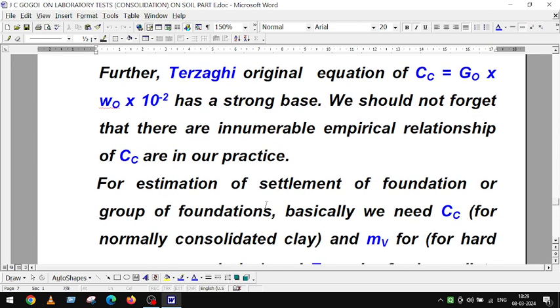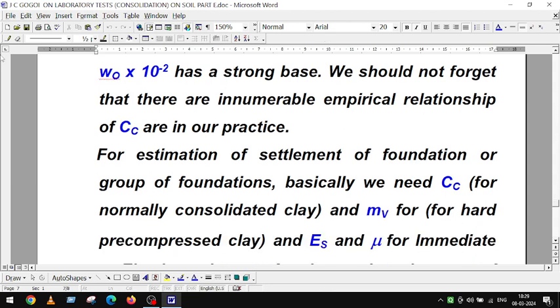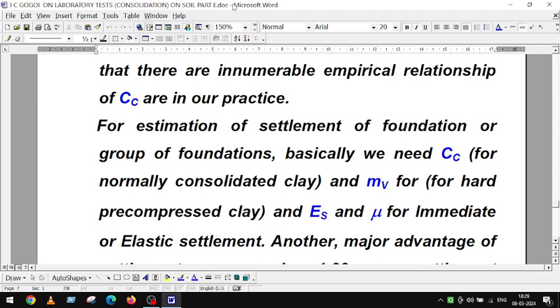For estimation of settlement of a foundation or group of foundations, basically we need the compression index CC for normally consolidated clay, MV for hard pre-compressed clay, and ES, the elastic modulus, and Poisson ratio mu for immediate or elastic settlement.